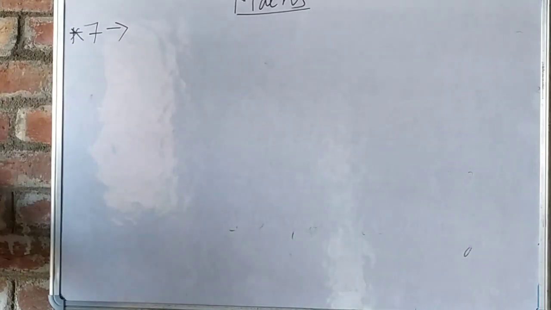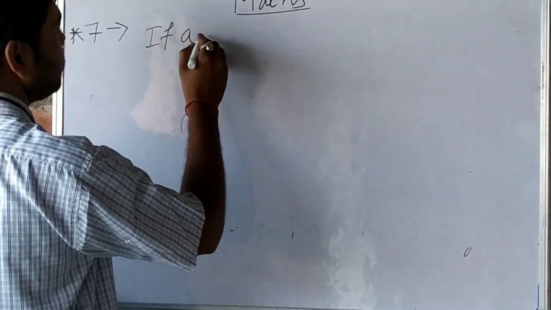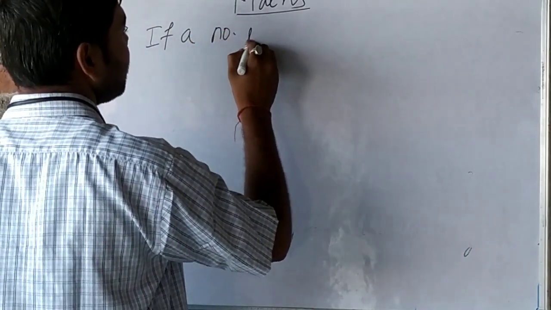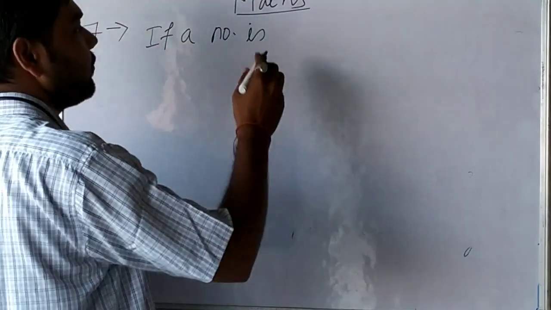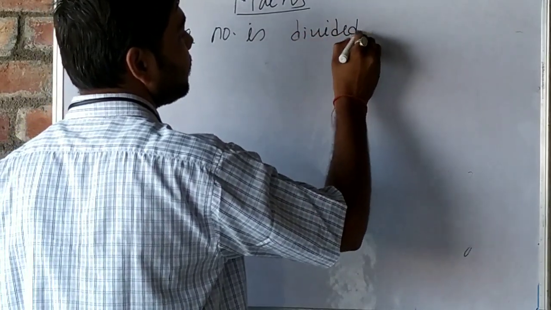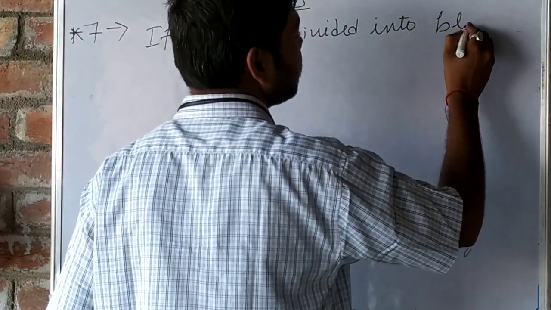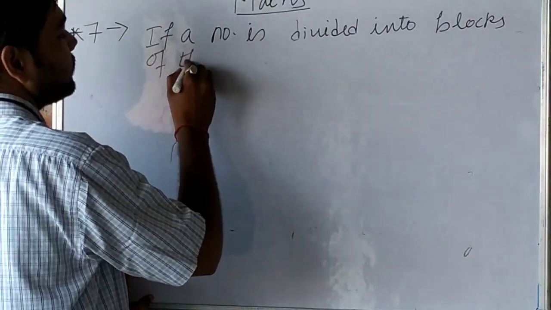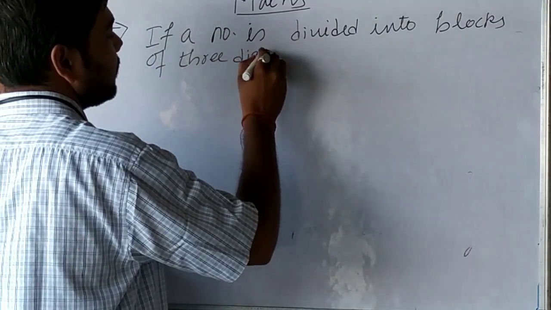We will see that if our number is divided into blocks of 3 digits, understand?